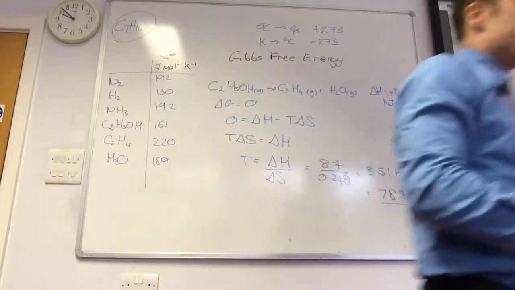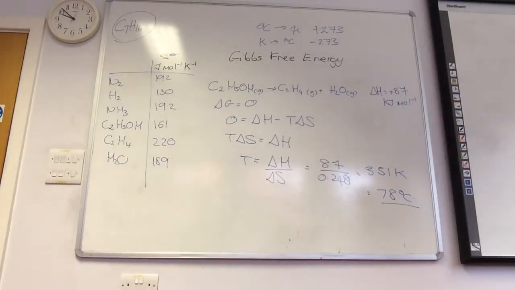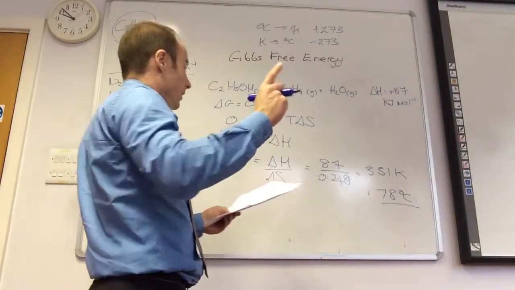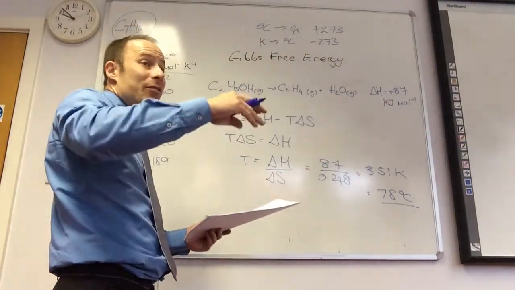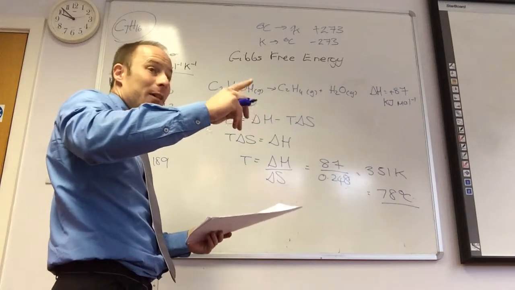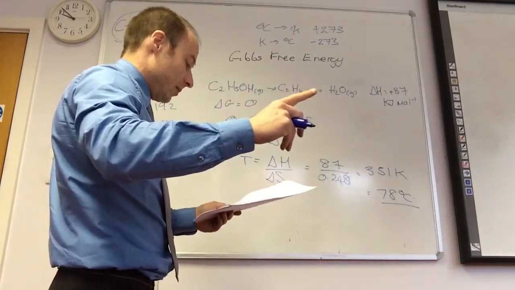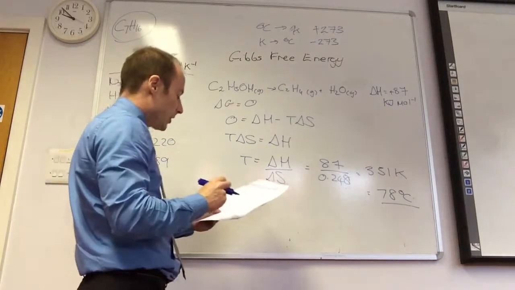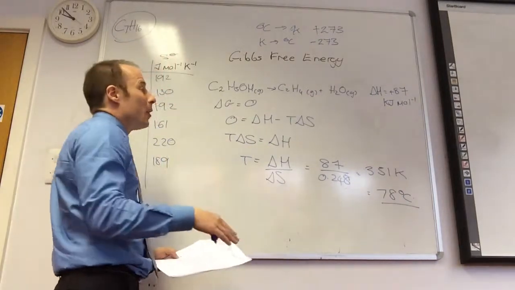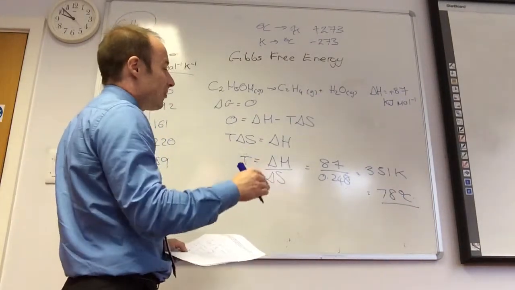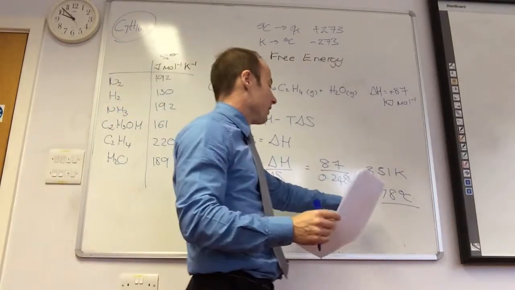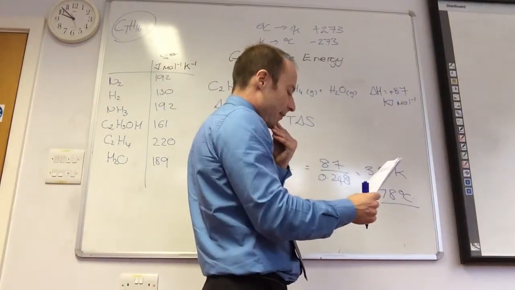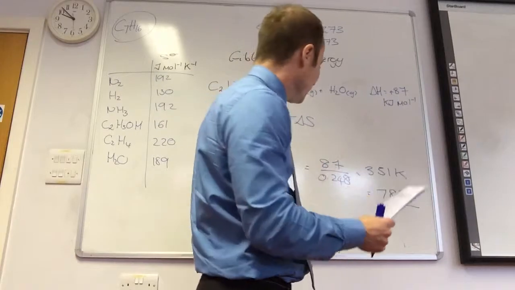So, what happens if I increase the temperature? Well, delta H is positive, delta S is positive, so as I increase the temperature, the reaction becomes feasible. If you look on your table, yes, both are positive. So above 78 degrees C, it is feasible.